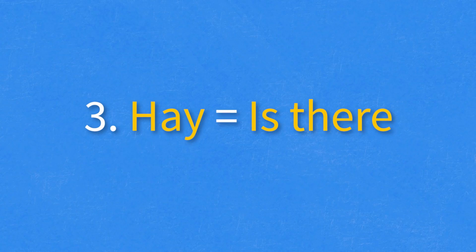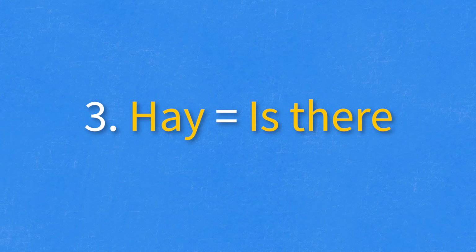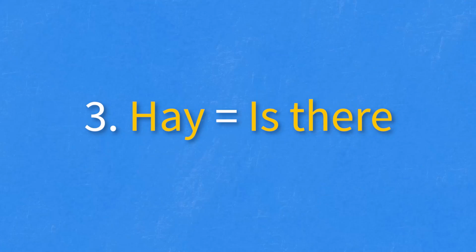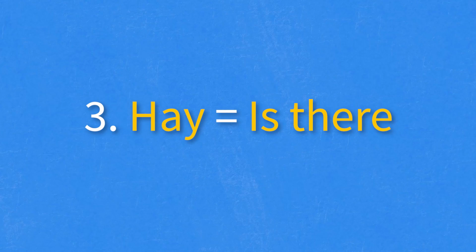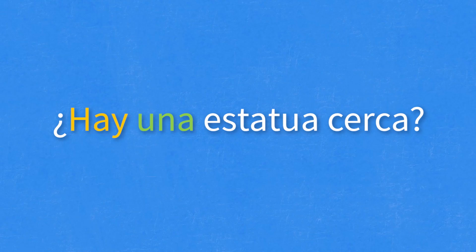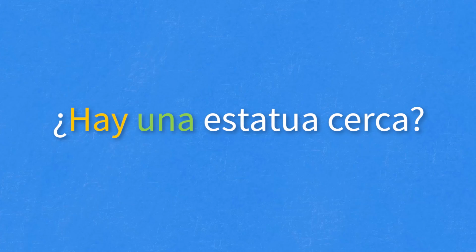Hay as is there. This is used to ask if something or someone is present or exists. Again, when referring to just one thing or person, you will often find the article un or una. For example, hay una estatua cerca means is there a statue nearby?